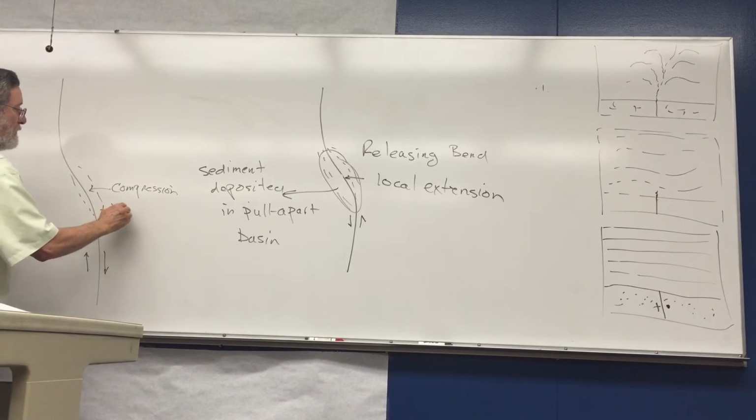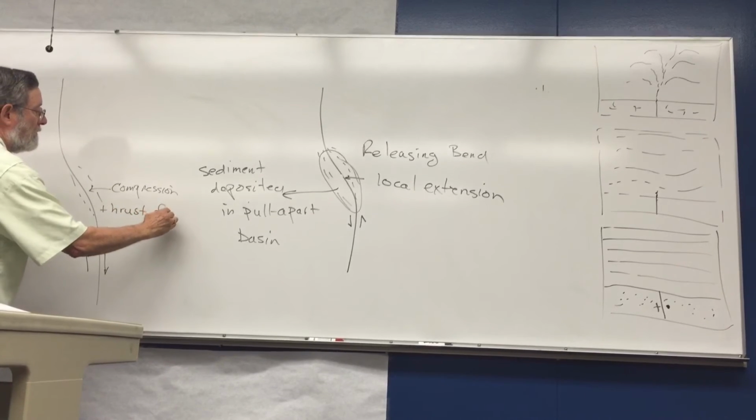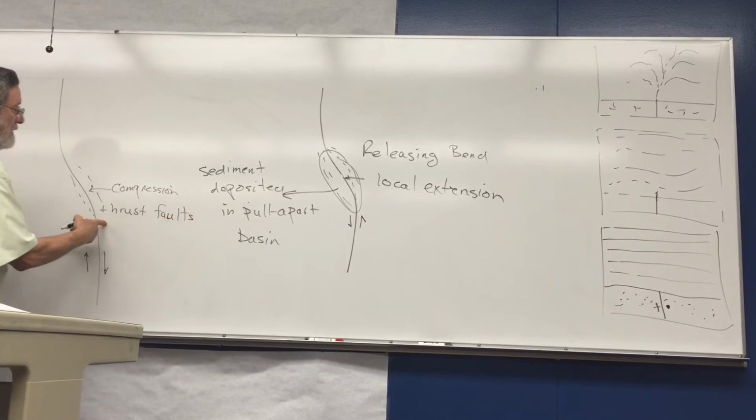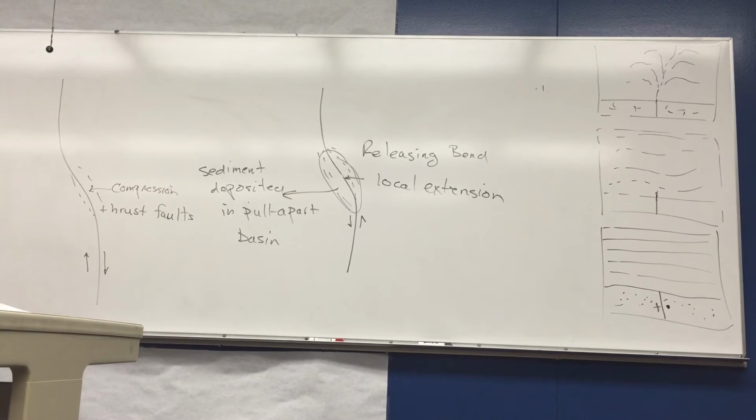So we see local thrust faults here in a zone of compression. This is called a restraining bend. In this particular case, now we have thrust faults and uplift, but it forms a Y. And so if we were to draw a cross section of this, what we would see is these different thrust faults coming out from a central fault plane.